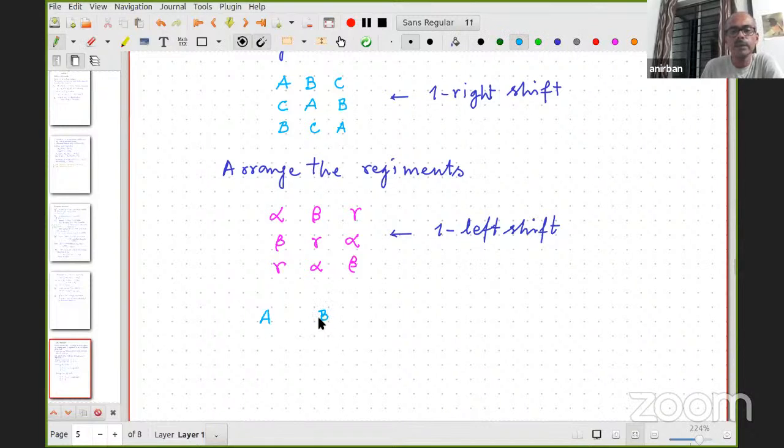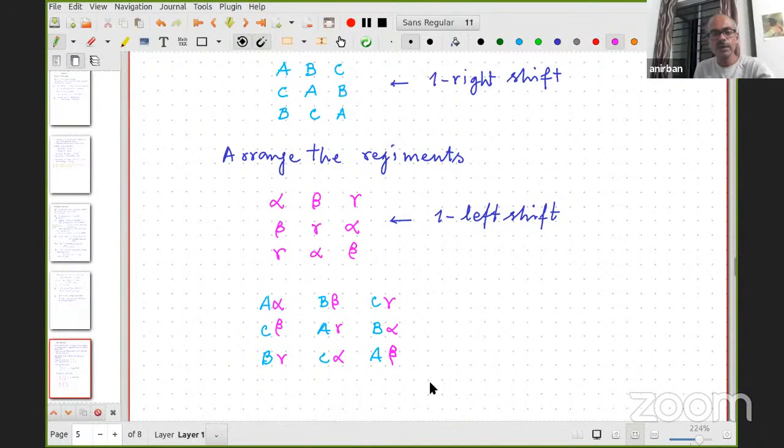So A, B, C; C, A, B; B, C, A. And let's now put this thing. So just putting these two together: alpha, beta, gamma; beta, gamma, alpha; gamma, alpha, beta.